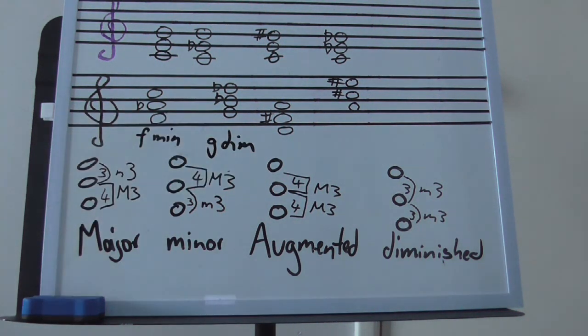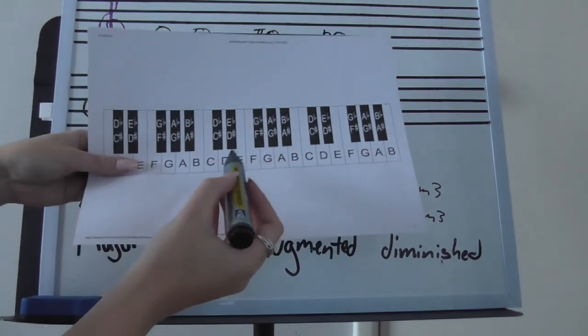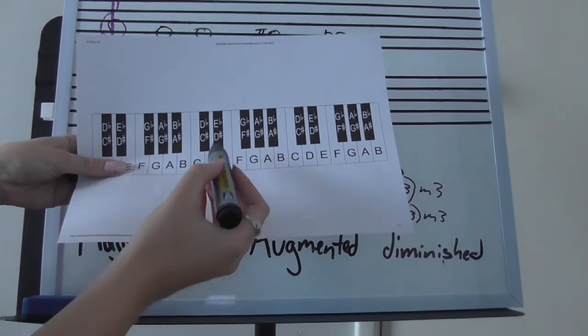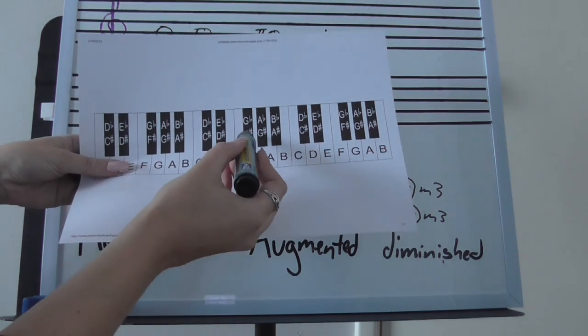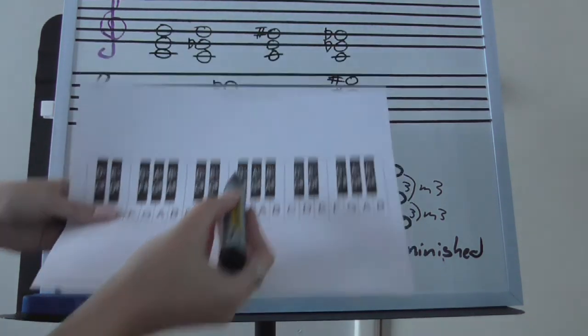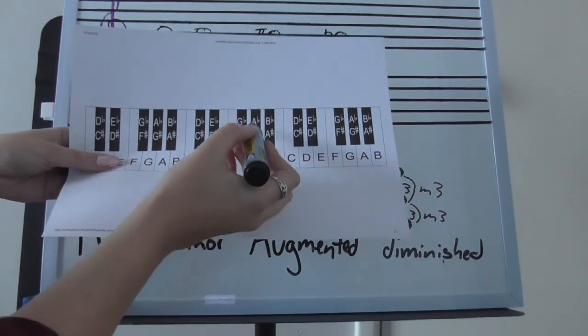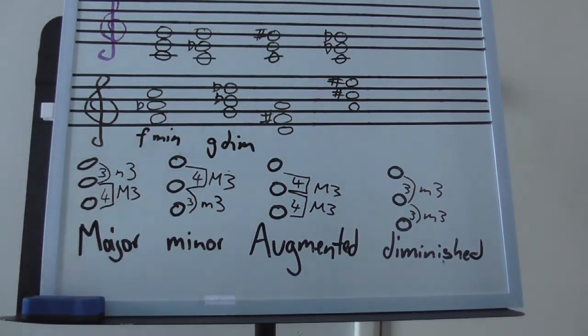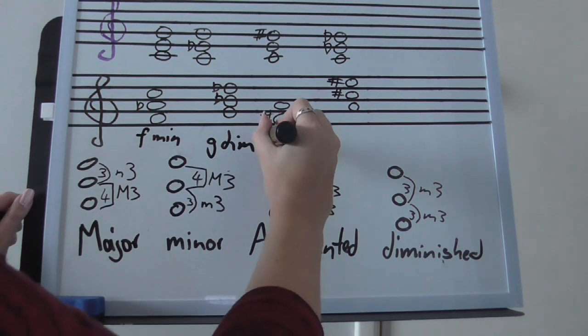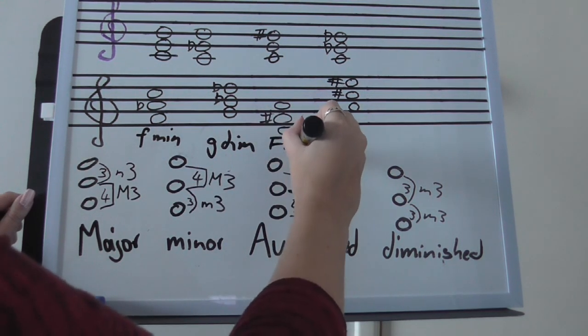Next one, starting on D, so it's some sort of D triad. D to F sharp, starting on D, 1, 2, 3, 4, brings us to F sharp. And then we have an A, so starting from F sharp, 1, 2, 3, then 4, we know is a major triad. So this is D major.